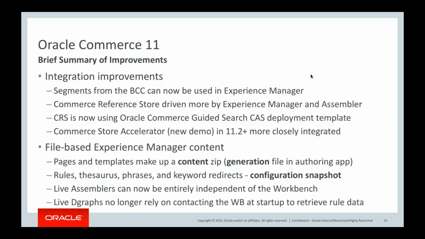Instead, now, a lot of that information is pushed down into a content.zip for your live dgraph or to these generational files for your authoring dgraph. So the rules, the thesaurus, your pages, all that in the ICR repository is compressed down and put into the zip file.